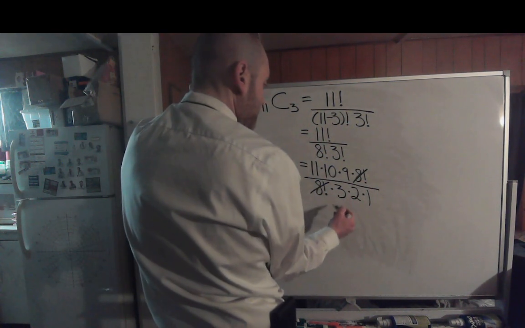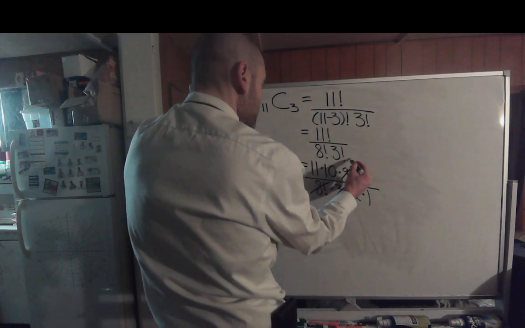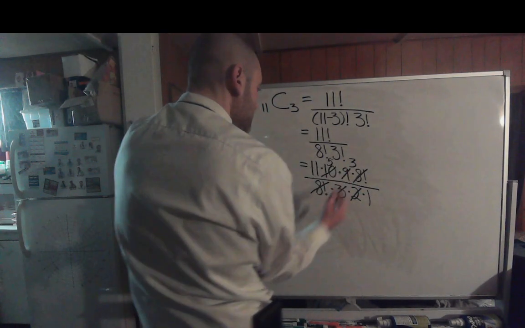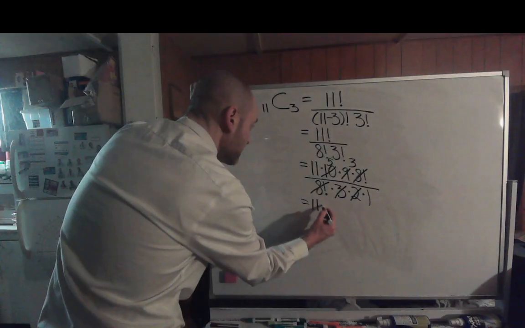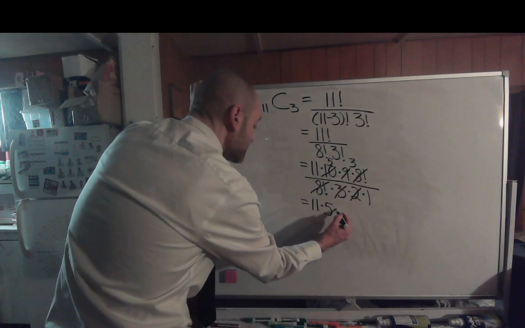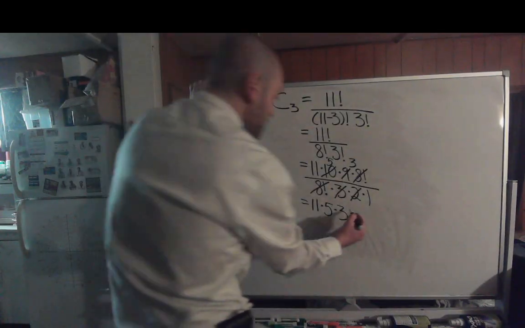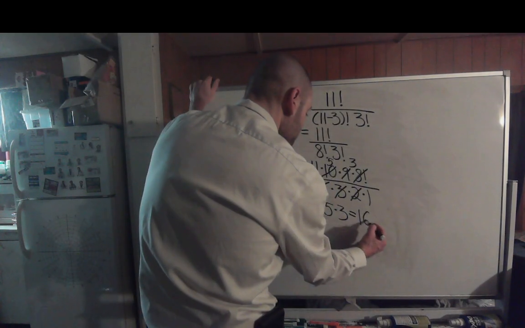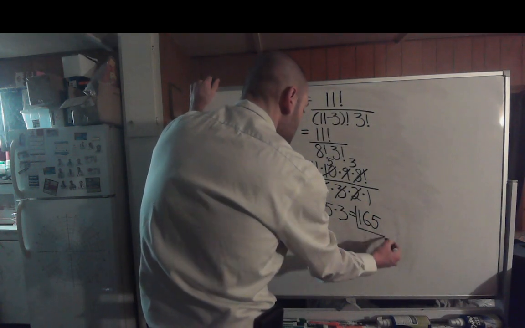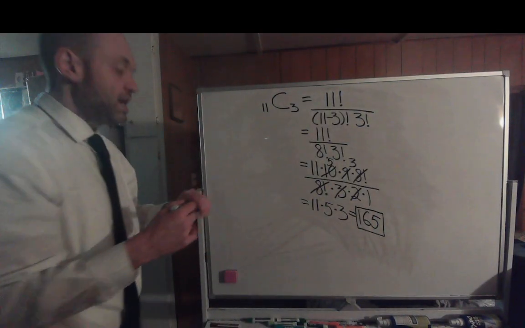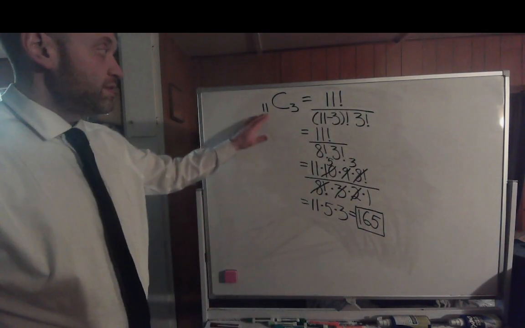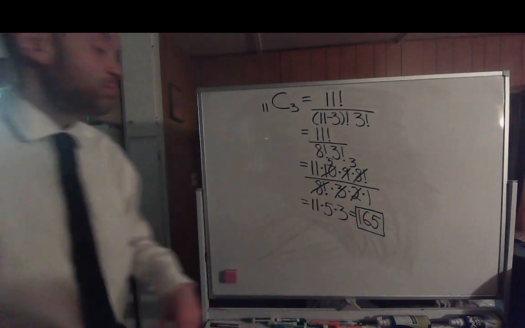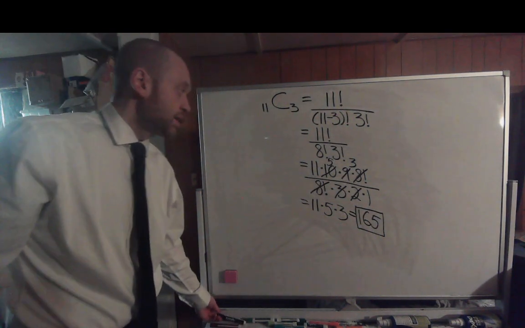Let's see, 3 goes into 9 3 times, 2 goes into 10 5 times, so this will literally turn into 11 times 5 times 3, which should equal 165. So the possible combinations for 11 items taken 3 at a time are 165 possible combinations.